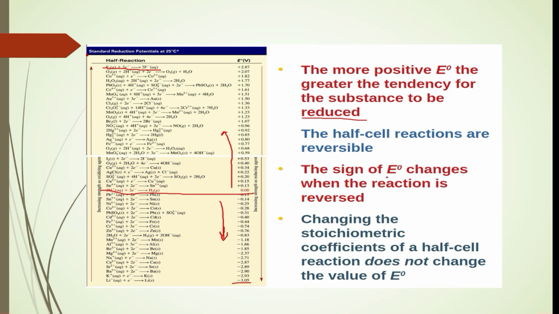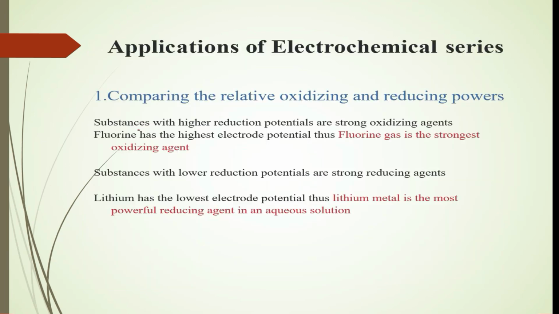The sign of E0 changes when the reaction is reversed: for reduction we get a plus value, and for the reverse, oxidation, we get the minus. In the electrochemical series, oxidizing strength increases in one direction, oxidizing agent here and reducing agent there. The series is useful for comparing relative oxidizing and reducing powers.